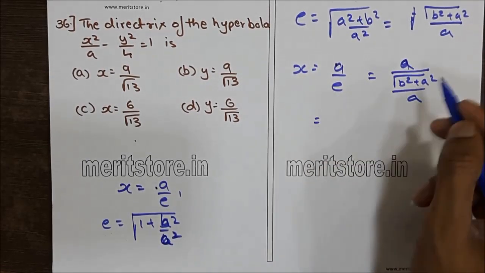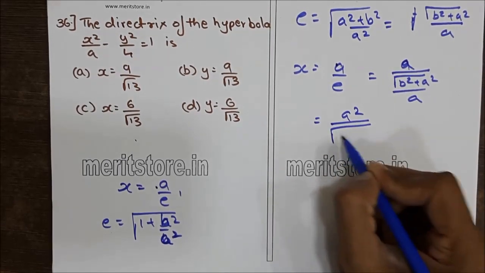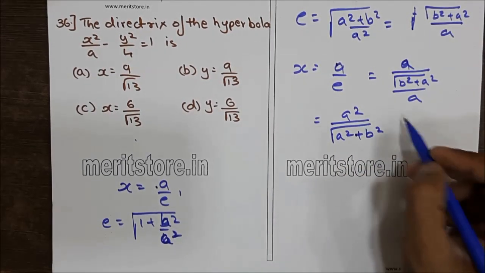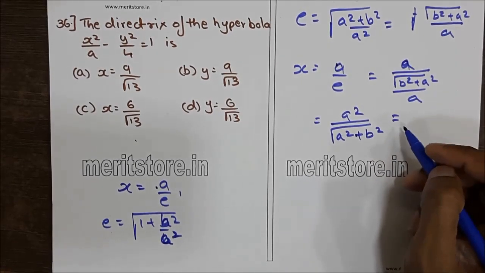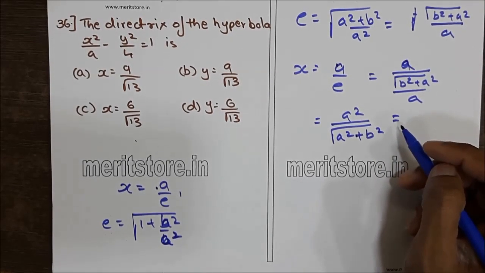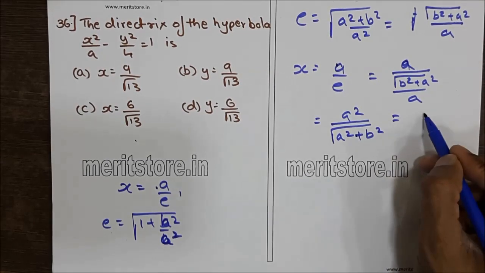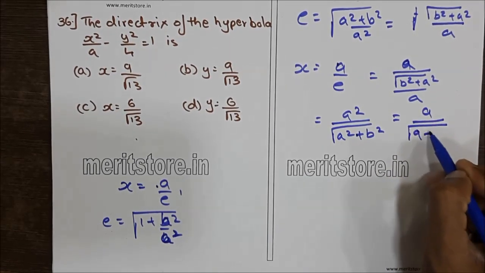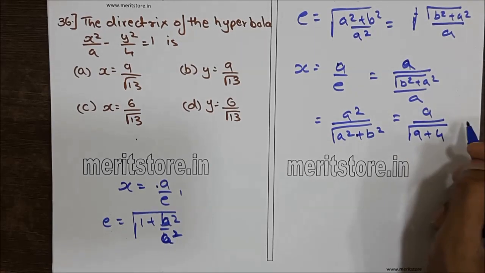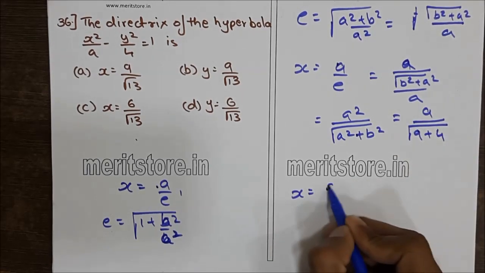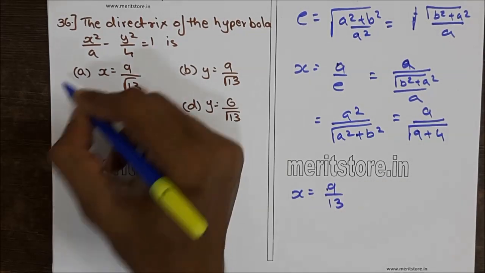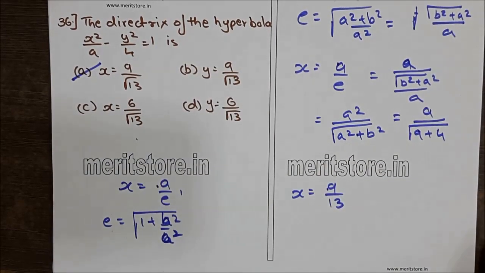When it goes in the numerator, we get a square upon under root of a square plus b square. Substituting the values of the hyperbola, we get a square as 9 and b square as 4. So we get x is equal to 9 by root 13, which is our option A. Therefore, option A is the correct answer.